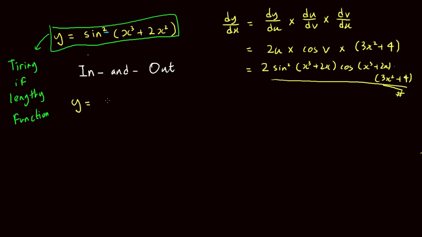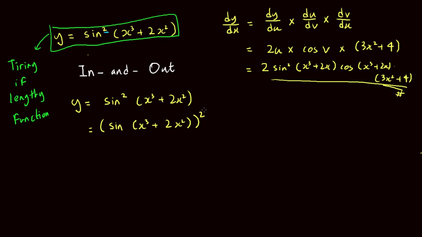We have the function y equals sine squared of (x cubed plus 2x squared). What I suggest in the in and out method is to prioritize the outside function, so I'm going to rewrite it as sine of (x cubed plus 2x squared), to the power of 2. It should be more of out and in actually, but I like in and out more because of the name.